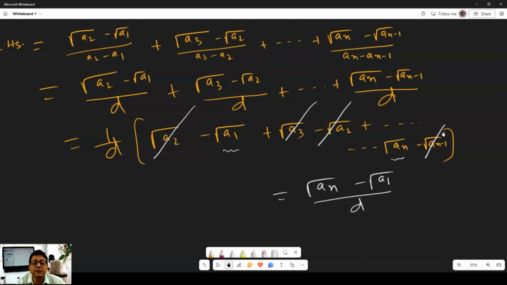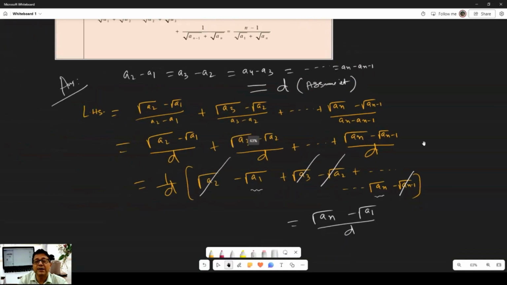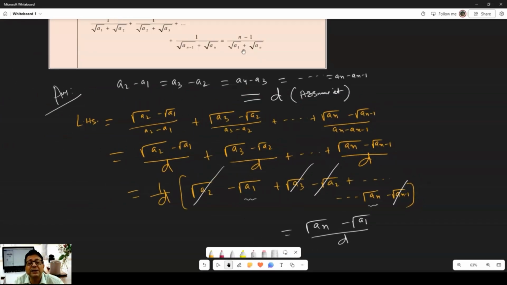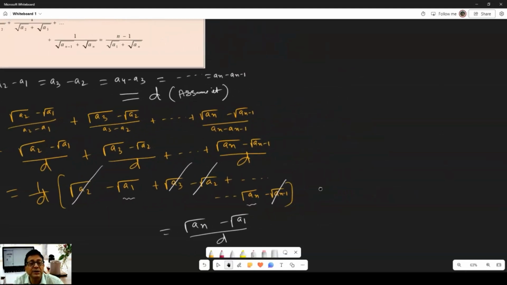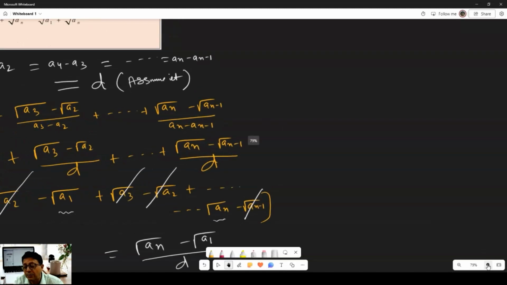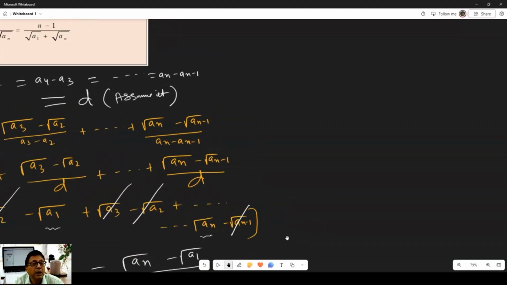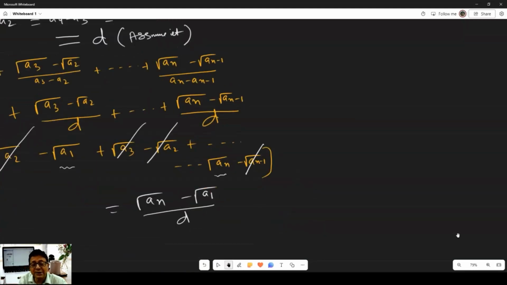Now how to prove that? What have they given on the right side? See what is given there. You have to prove that this is n minus 1 by root A1 plus root An. So how to do this? We have to get this part back. How? What we are going to do there, the thing you have got here, you rationalize it.